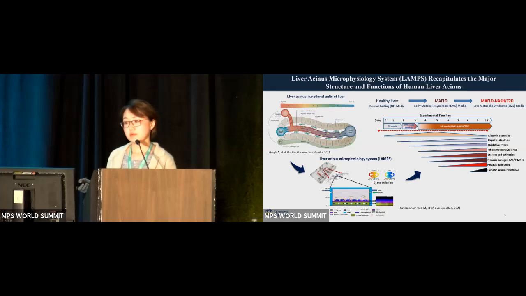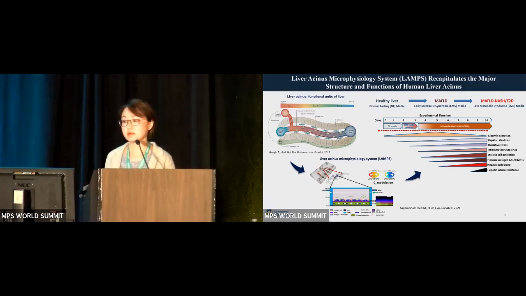And then we are able to drive the disease to the early metabolic syndrome, EMS, with increasing level of glucose, insulin, and the addition of free fatty acid. And next, we're able to drive the disease to late metabolic syndrome, LMS or NASH, with the immune stimuli such as LPS and TGF-beta.